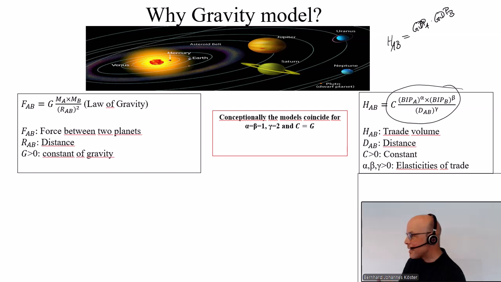But of course, if you have a very large country trading with a very small country, then the overall trade volume should be much decreased because of this asymmetry. Because Luxembourg can only buy a small number of goods from the United States and also export a small number. And of course, a large number times a small number is then in the end some medium sized number and not the same number as before when you have the sum.